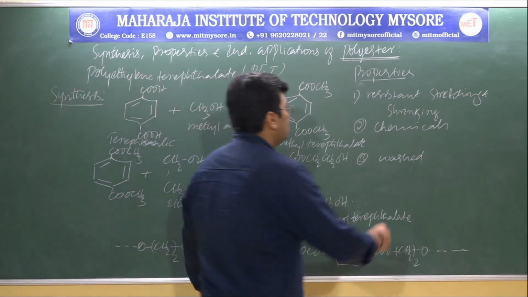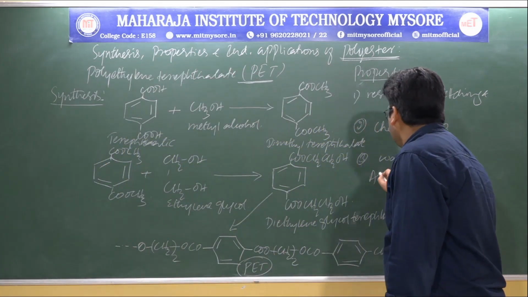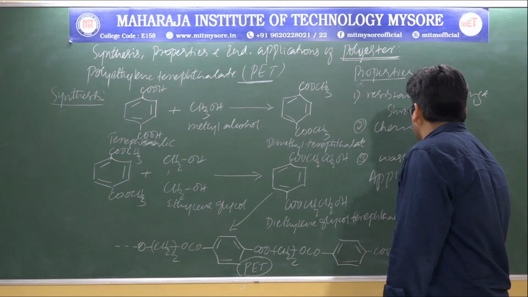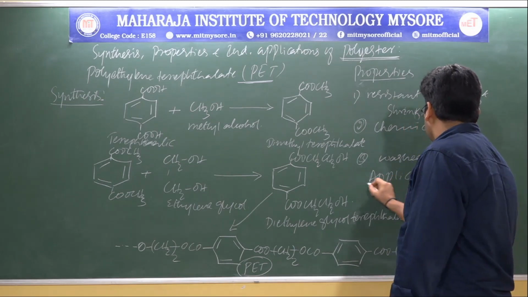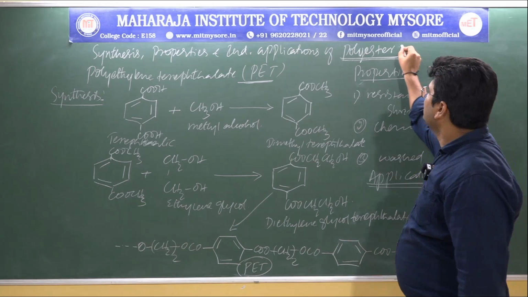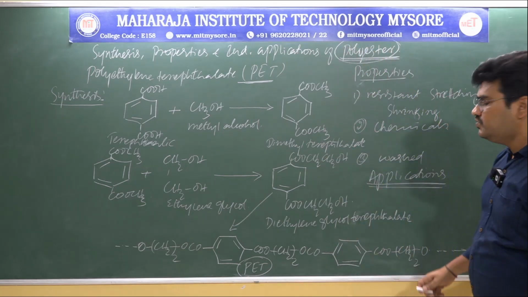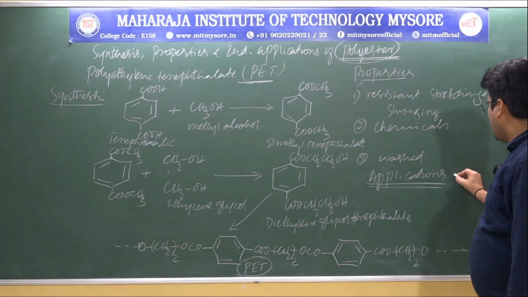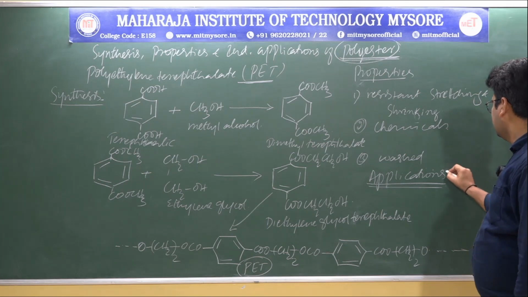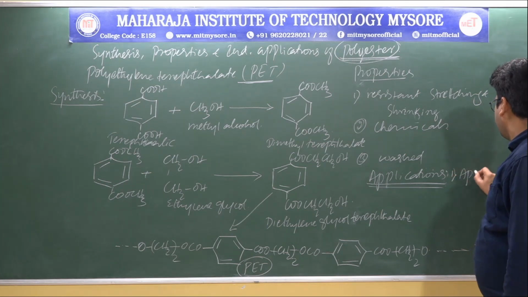So with these properties, if you look at the applications, this polyester polymer is used in the manufacturing of apparels.